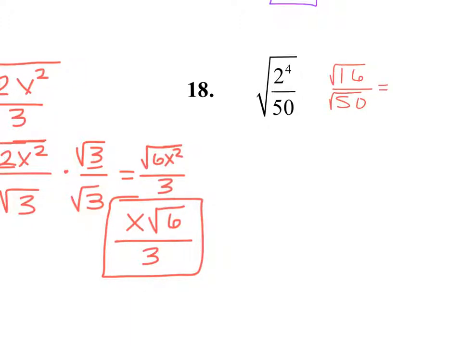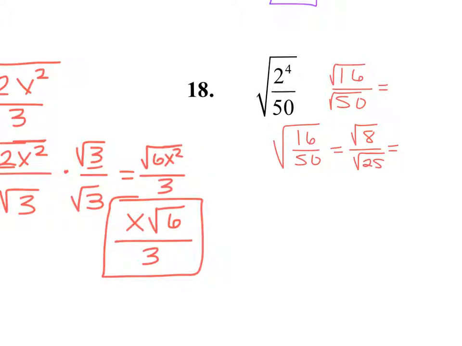So the square root, I'm trying to think if this was the easier option. Not really. You could square root both right now. I would say the better way to do it is think of it like this. 16 and 50, you can reduce that fraction to what? 8 over 25. Right. So I would call this the square root of 8 over the square root of 25, because then you have a perfect square on the bottom. But you don't have to.